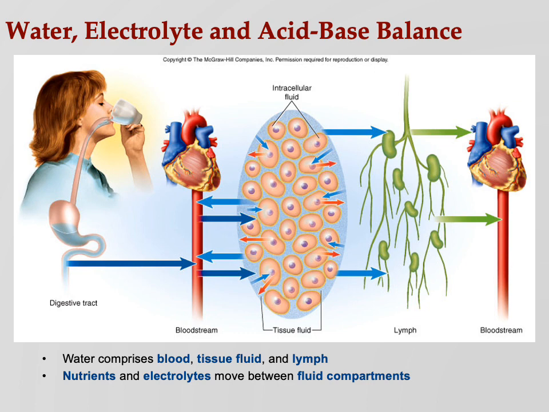So we see now here, we're lucky because on the first day of class we covered all this stuff. So remember, water makes up your blood, your tissue fluid, your lymph. It's inside of all your cells. Nutrients and electrolytes move back and forth between various fluid compartments, we call them.